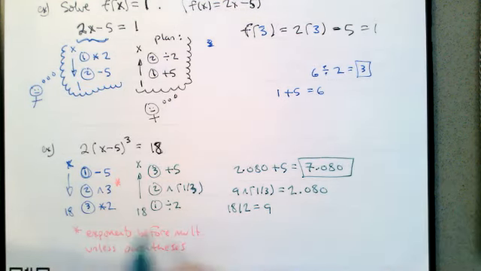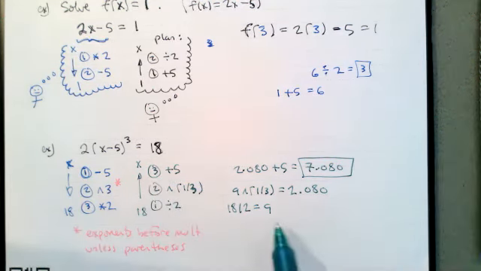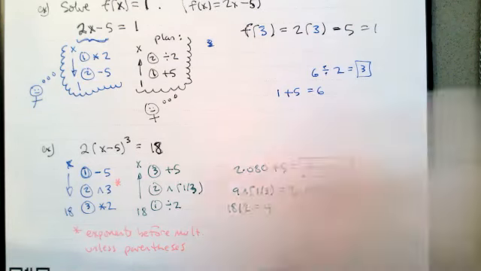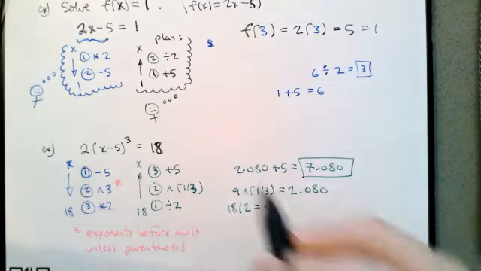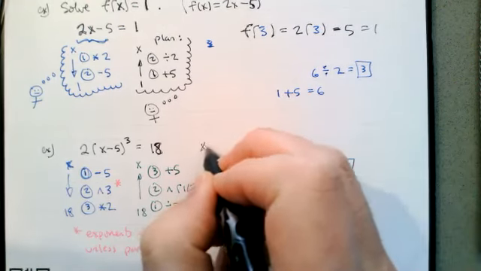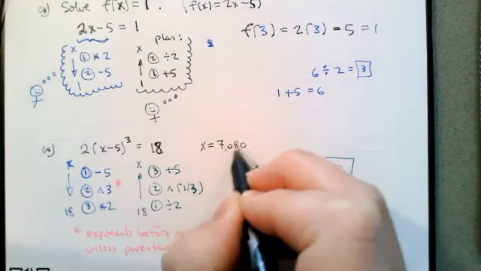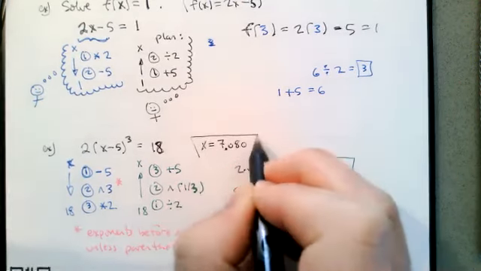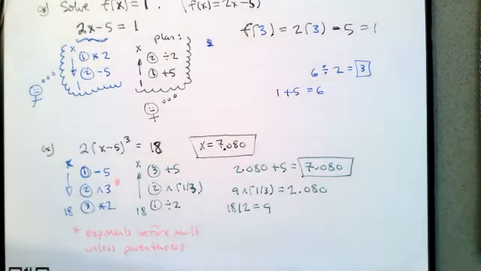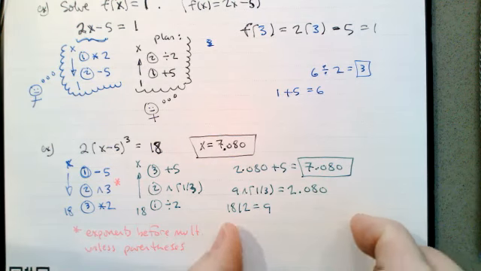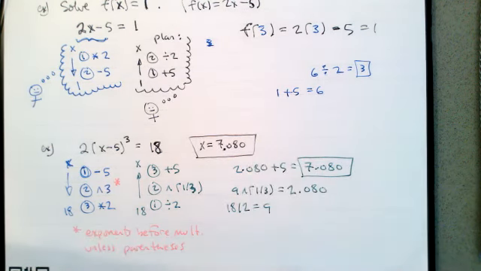This is all happening in our mind. We read the expression, we come up with our plan for solving. The plan for solving happens on our calculating machine. And then on the paper, you just look at the equation and you're just like, oh, this just means x equals 7.080. So this is mind stuff. This is calculator stuff. This is what goes on the paper.